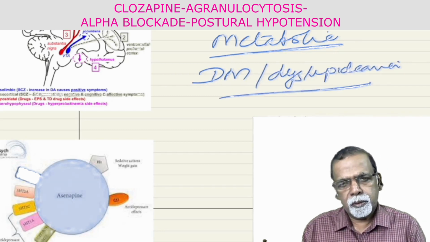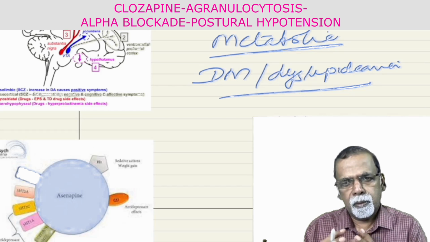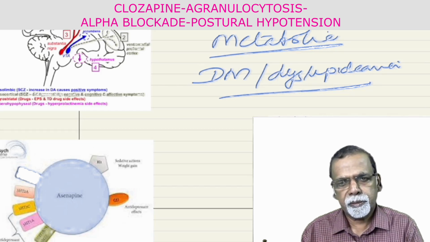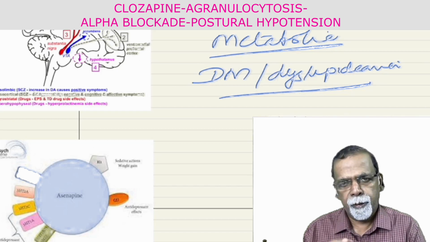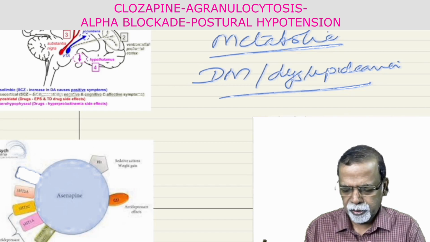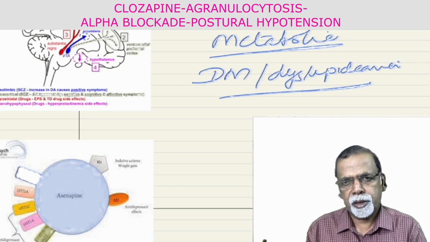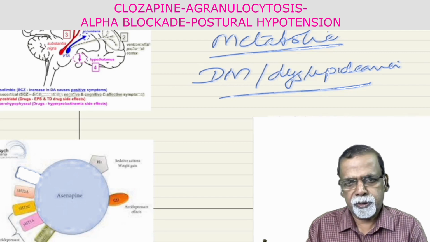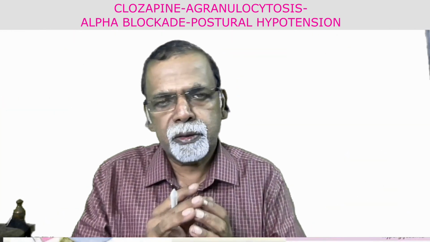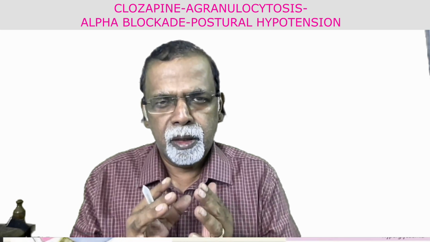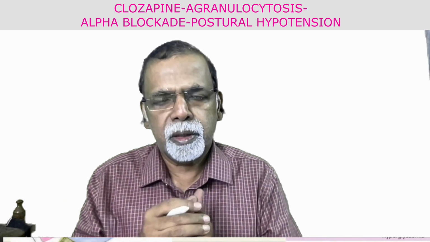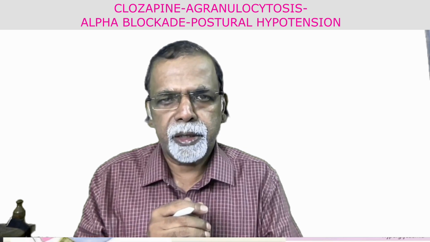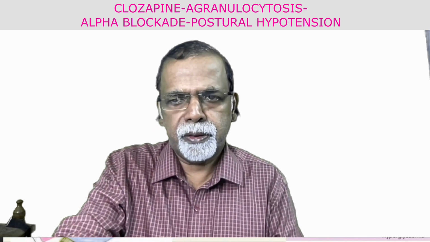This is due to blockage of the 5-hydroxytryptamine 2C receptors, and this is very important in the case of olanzapine and quetiapine, which are frequently used antipsychotics. So the metabolic side effects are more common with the atypical, or second generation, antipsychotics.